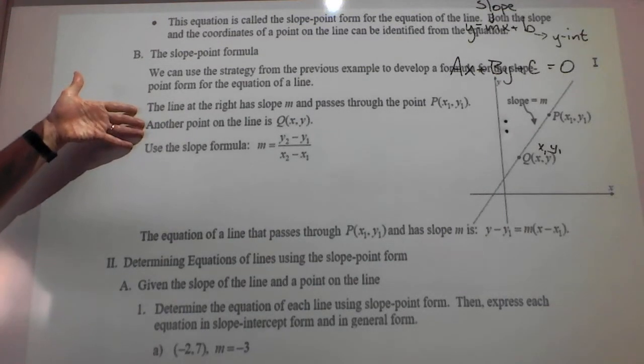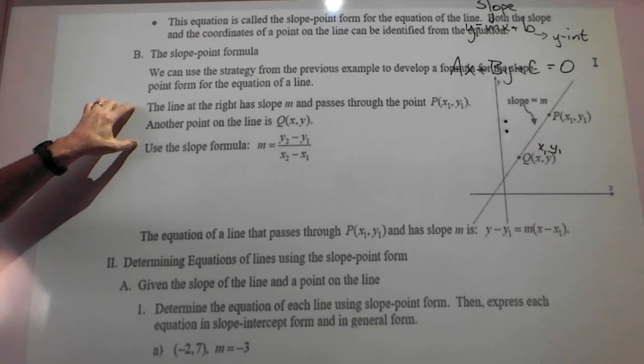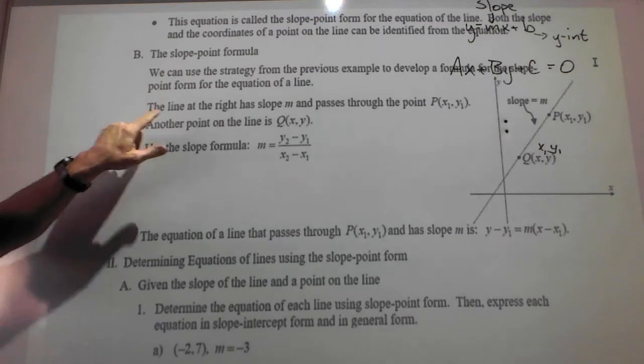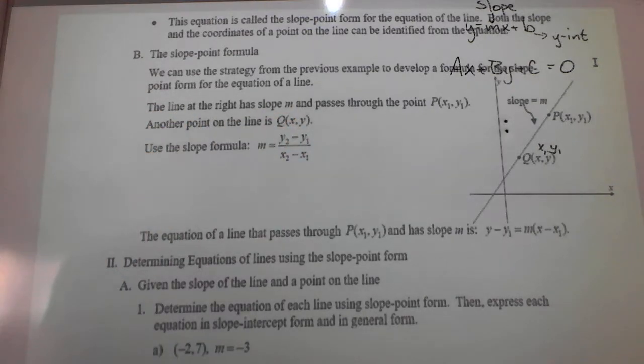So again, it says the line at right has a slope m and passes through the point P, x1, y1. Another point on the line is Q, x, y. Okay?